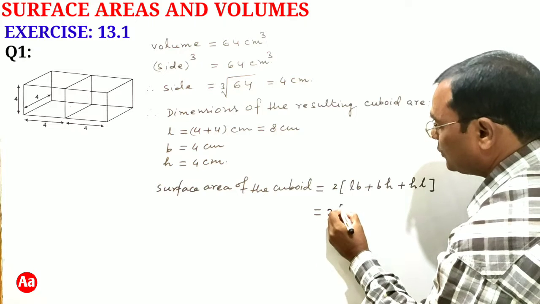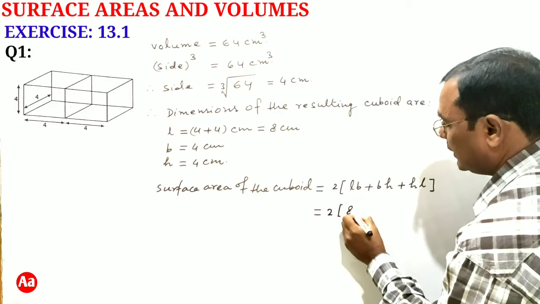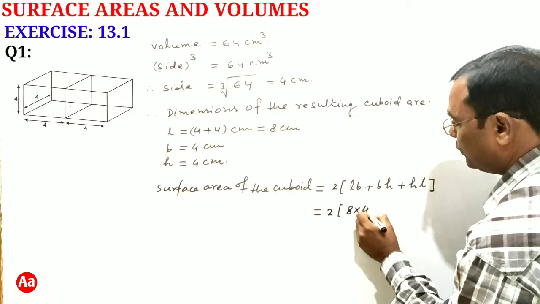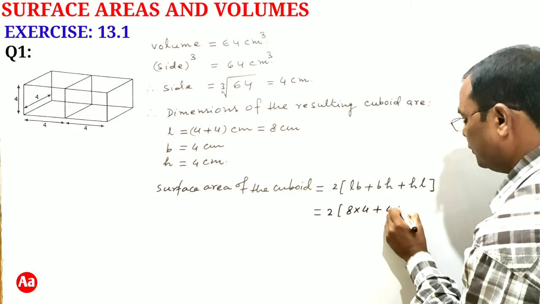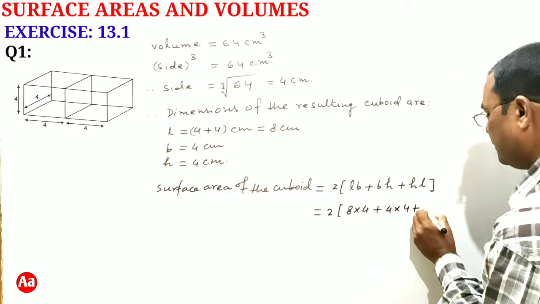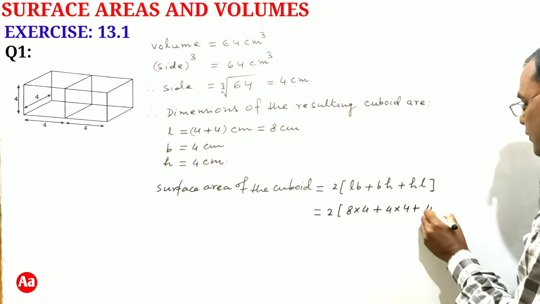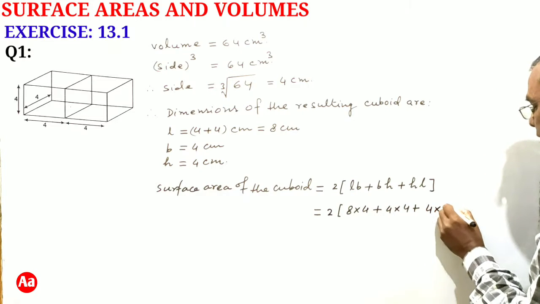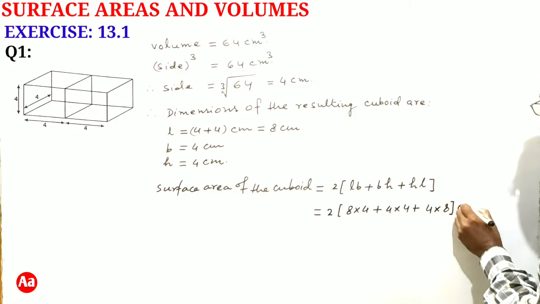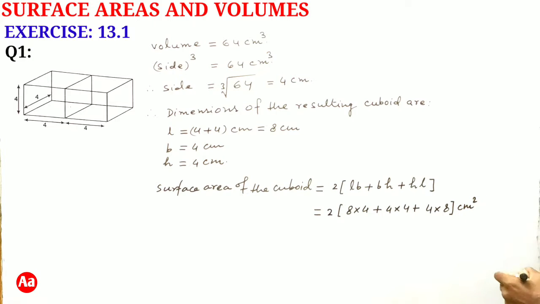So 2 into 8 into 4 plus 4 into 4 plus 4 into 8 centimeter square.